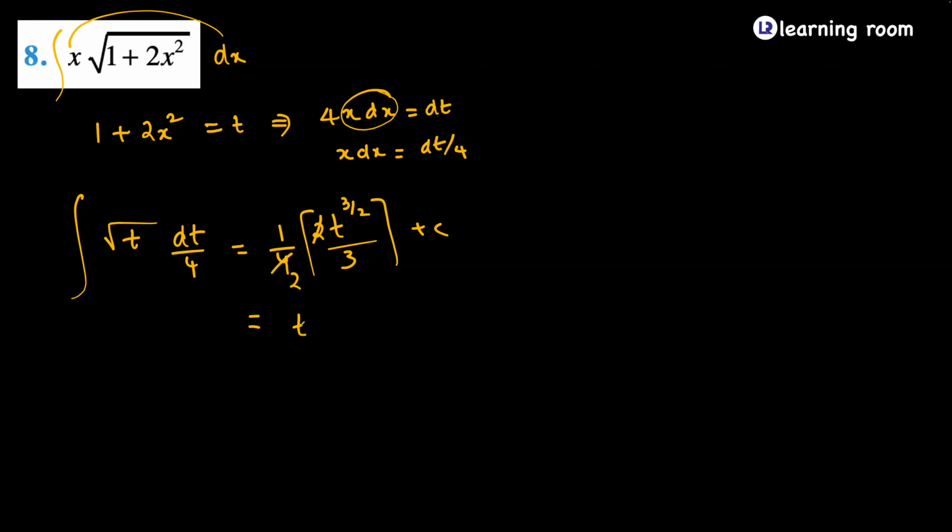So t power 3 by 2, what is the value of t? So it is 1 plus 2x square, the whole power 3 by 2, by 6, plus c. Right.